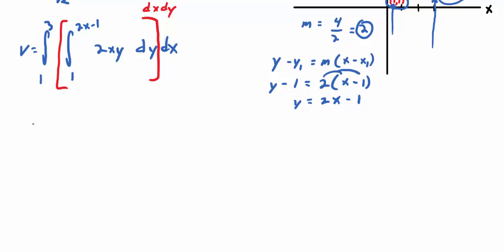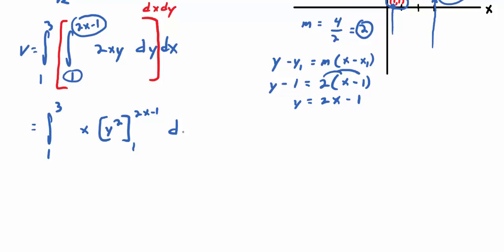So we'll leave the x on the outside and y squared, and then we have to evaluate y squared from 1 to 2x minus 1. And we still have the dx. Again, when you integrate y with respect to y, you get y squared over 2, but that 2 canceled with that 2.